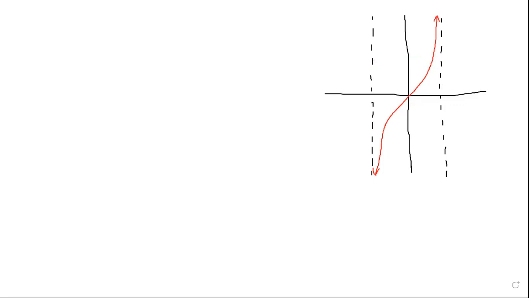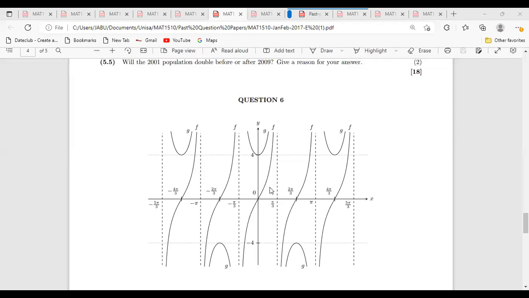So let's find the period for this one. From asymptote to asymptote, right? Let's take this asymptote, 5 pi over 3 minus pi.